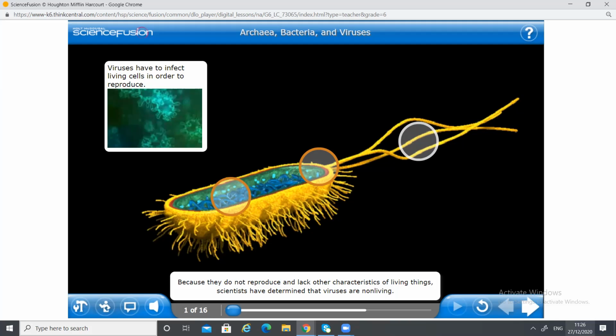They affect living cells in order to reproduce. For example, if it goes inside an animal body, or if it goes inside a human body, that time the virus grows bigger, right? Or else, if it is on the chair, the virus will not grow and will die after a few hours. It cannot reproduce.